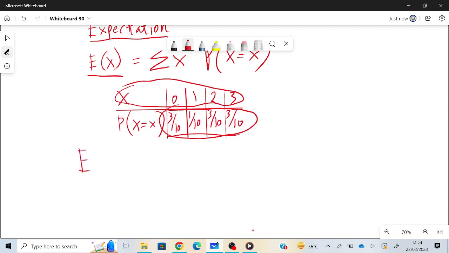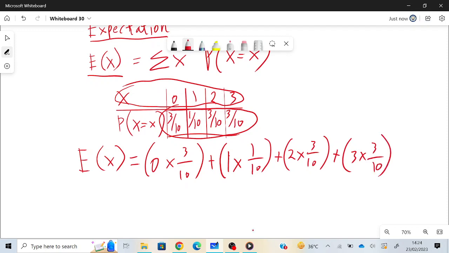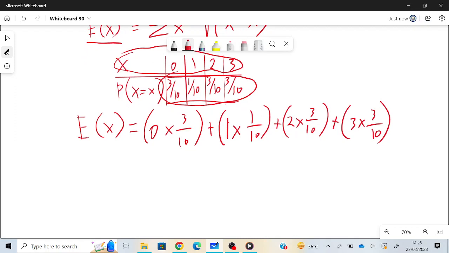If they ask me to find E of x, which is expectation, this is simply 0 times 3 over 10 plus 1 times 1 over 10 plus 2 times 3 over 10 plus 3 times 3 over 10. And whatever I get as my value, that would be my expectation of this particular example.